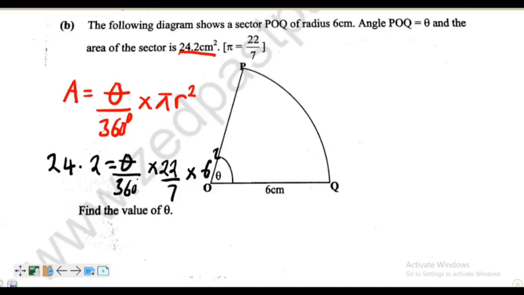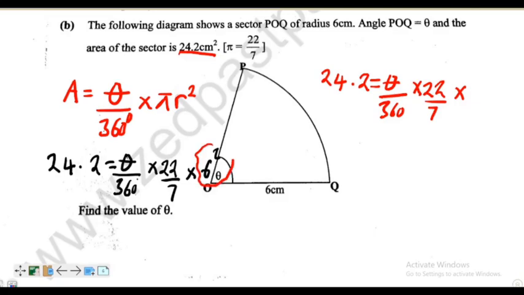What's next? Okay, so we are going to write 24.2 is equal to theta over 360. I want you to follow me nicely over this question. Times 22/7 times, now remember here you have 6 squared, so 6 squared means 6 times 6, which will give us 36.